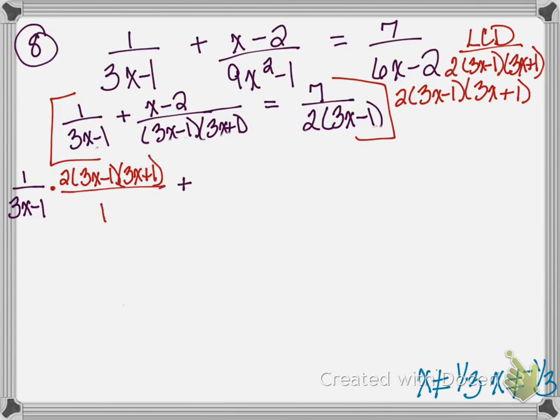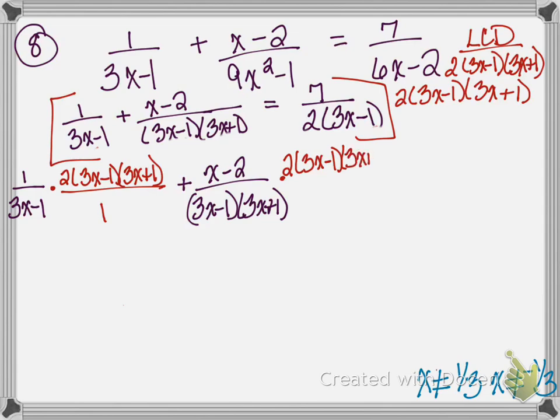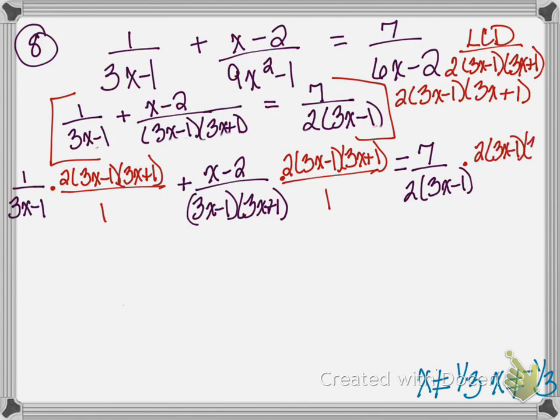Then I have plus x minus 2 over 3x minus 1 times 3x plus 1. Okay, I am multiplying that times 2 times 3x minus 1 and 3x plus 1. And that is all over 1. And that is equal to 7 over 2 times 3x minus 1. And I multiply that times 2 times 3x minus 1 times 3x plus 1. And that is over 1.